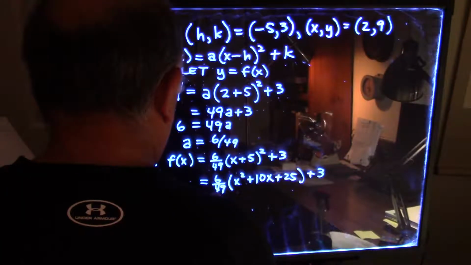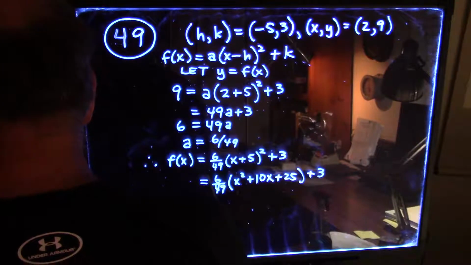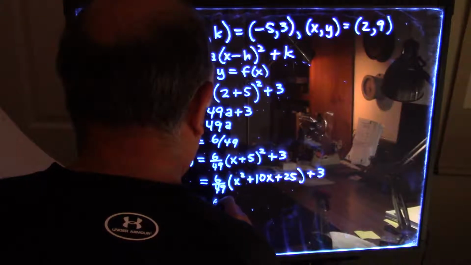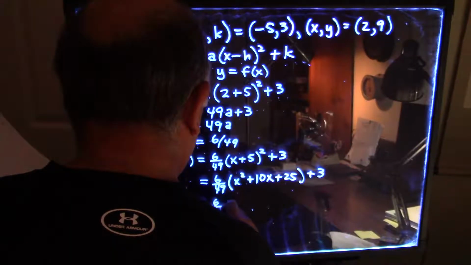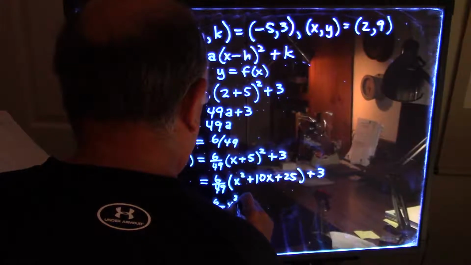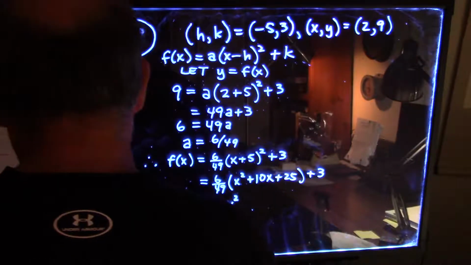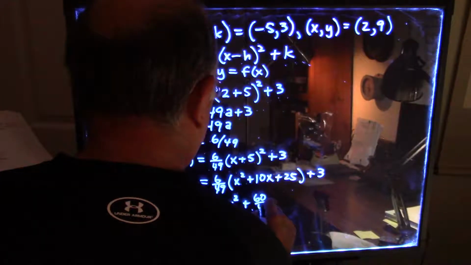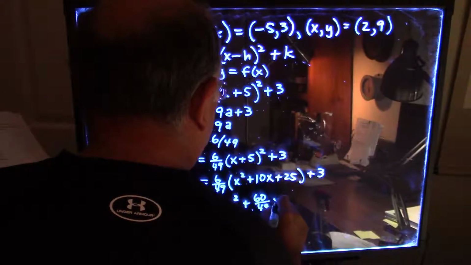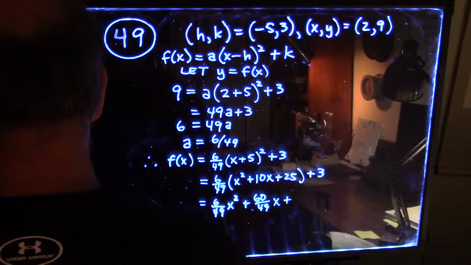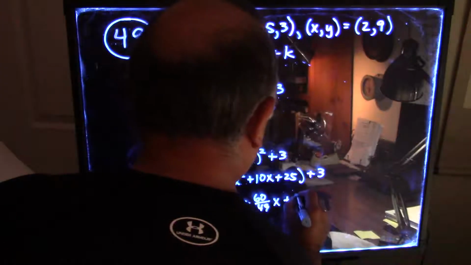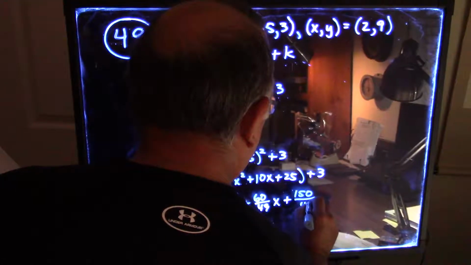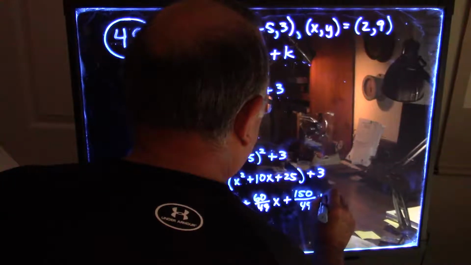And then you can distribute that through the 6/49, so you get 6/49 x squared plus 60/49 x plus, and then you got 25 times 6, that's 150 over 49, and then plus 3.